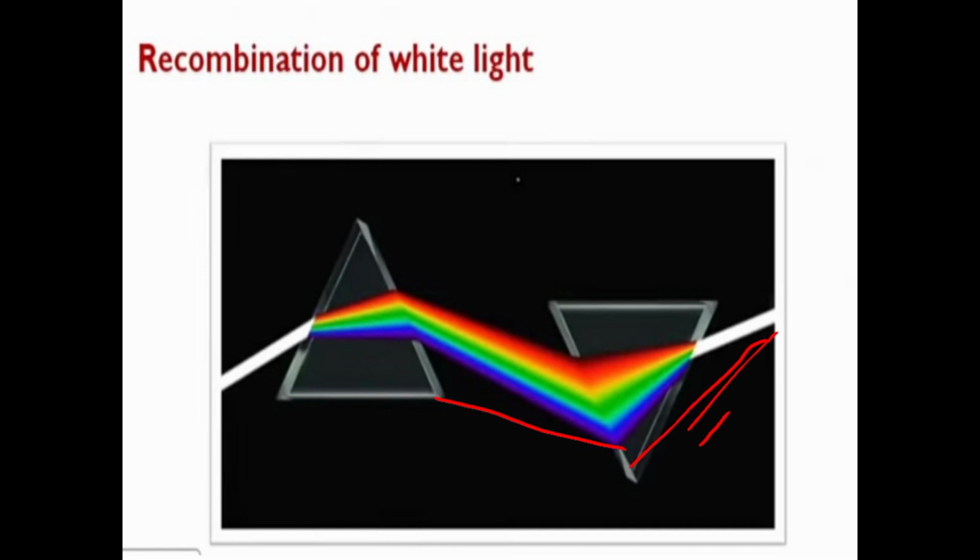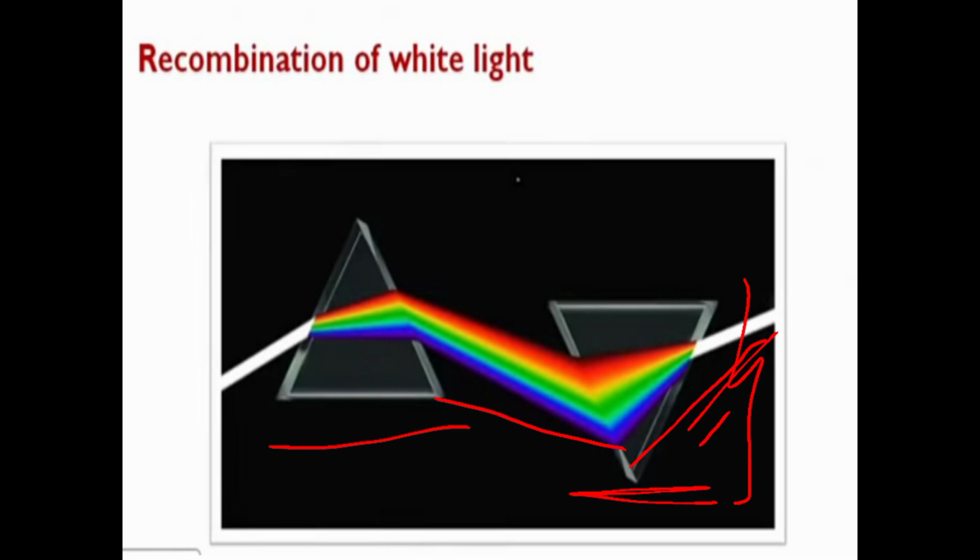So he used a similar type of glass prism, and he placed that identical prism in an inverted position. As we can see, this prism is kept upright, and this one is kept in the inverted position, that is upside down, with respect to the first prism.